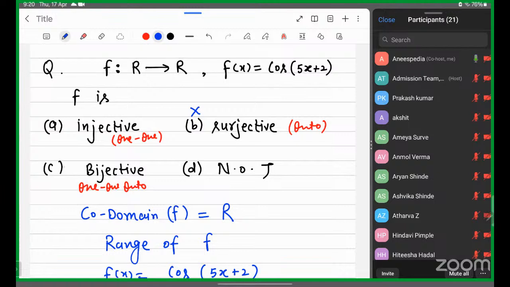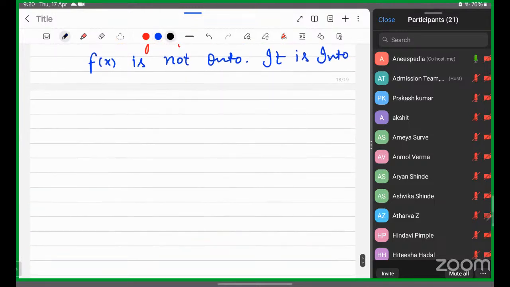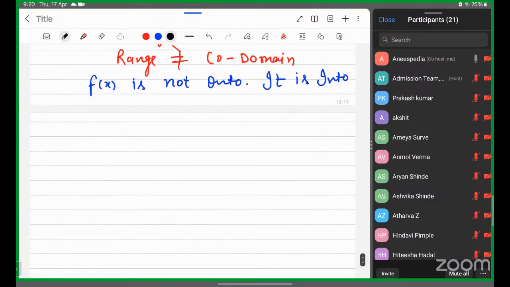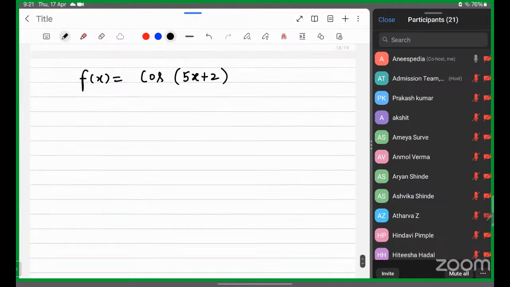So option B is not possible. If B is not possible, C is not possible. Now we are left with only two options. Either it is 1-1 or the option will be none of these. Check whether the cos is 1-1 or not. In this case, we have f of x is equals to cos of 5x plus 2, and cos is defined for all real values of x.